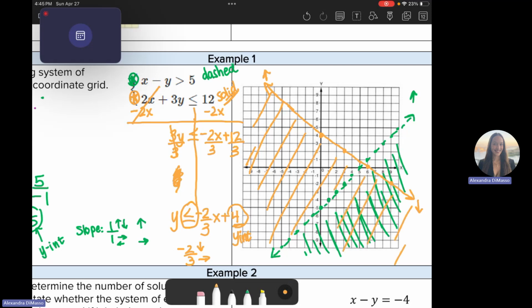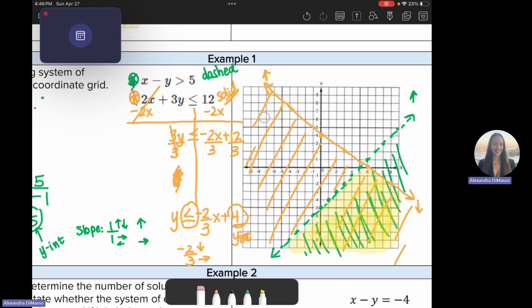Now, your final solution, though, is where the solutions of your two graphs intersect each other. So you can see in my picture where they actually intersect is this section right over here that I'm highlighting. So your final solution is only going to be values that are within this area.